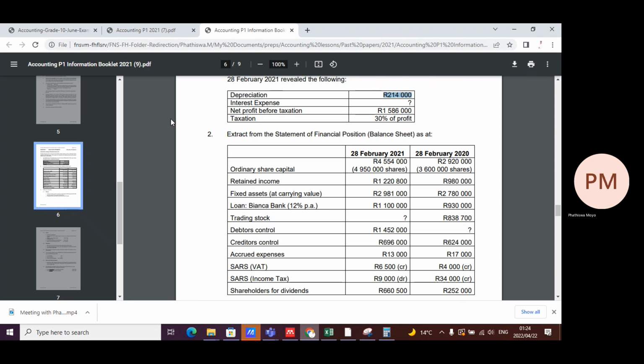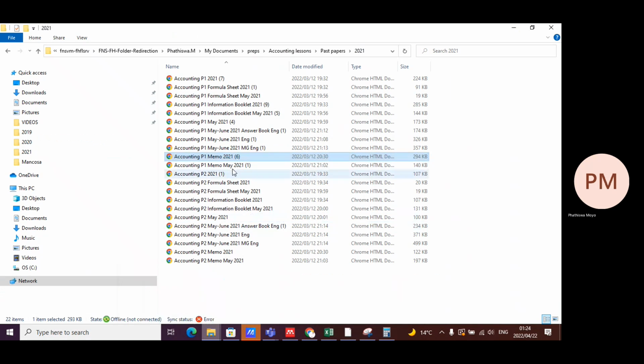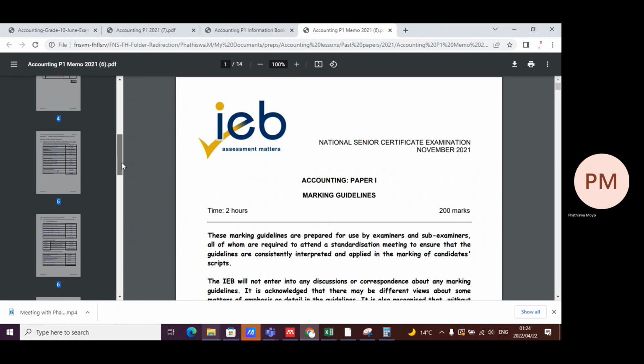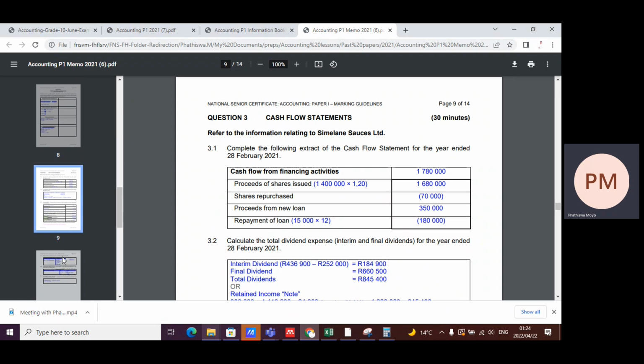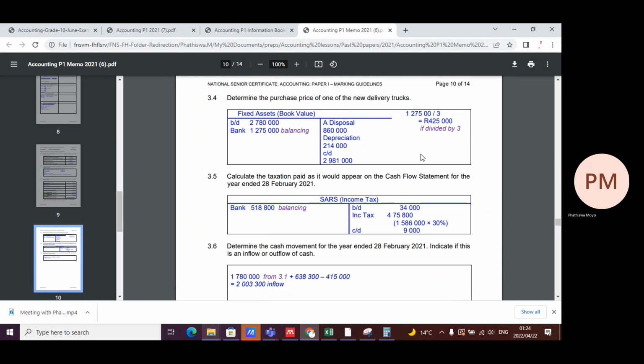This is November 2019. Let's check the memo. There you go.